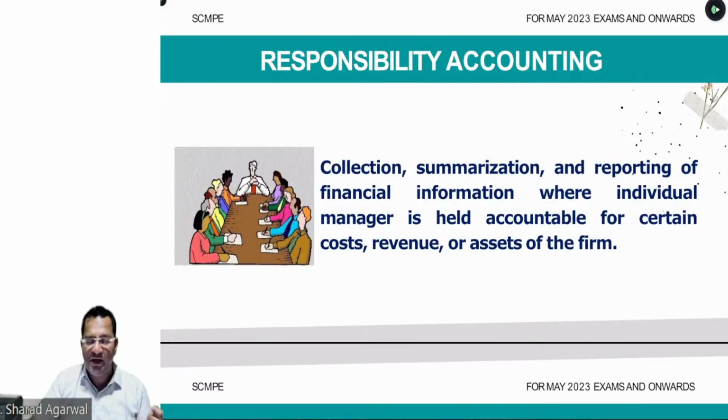So, what is responsibility accounting? Can you please repeat with me? It's the collection of financial information, then summarizing the financial information, and finally reporting that summarized financial information to the strategic level of management, when the departmental heads are held accountable for certain factors of the organization.